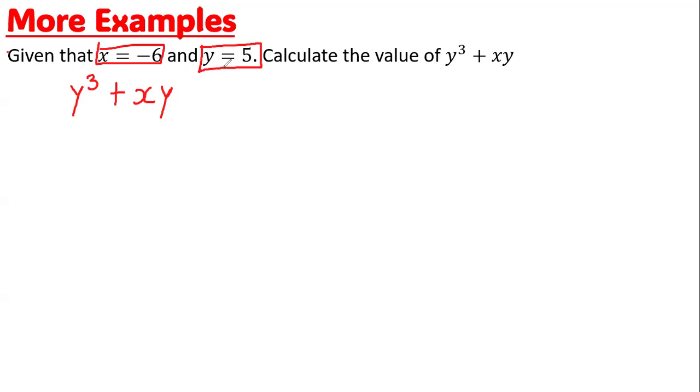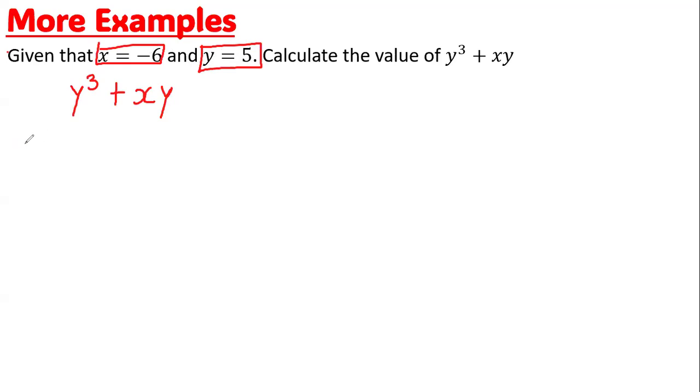What is y? Oh, y is 5. Yes, y is 5. And x is what? X is -6. Good.